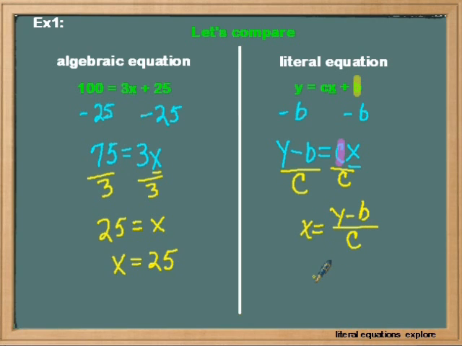Now I want to talk about another way that we can write this answer. This fraction, y minus b over c, can be rewritten so that we can separate the y and the b into two different fractions. And how do we do that? Well, let's take a look at what it means. The y is being divided by the c, and what else is being divided by the c?